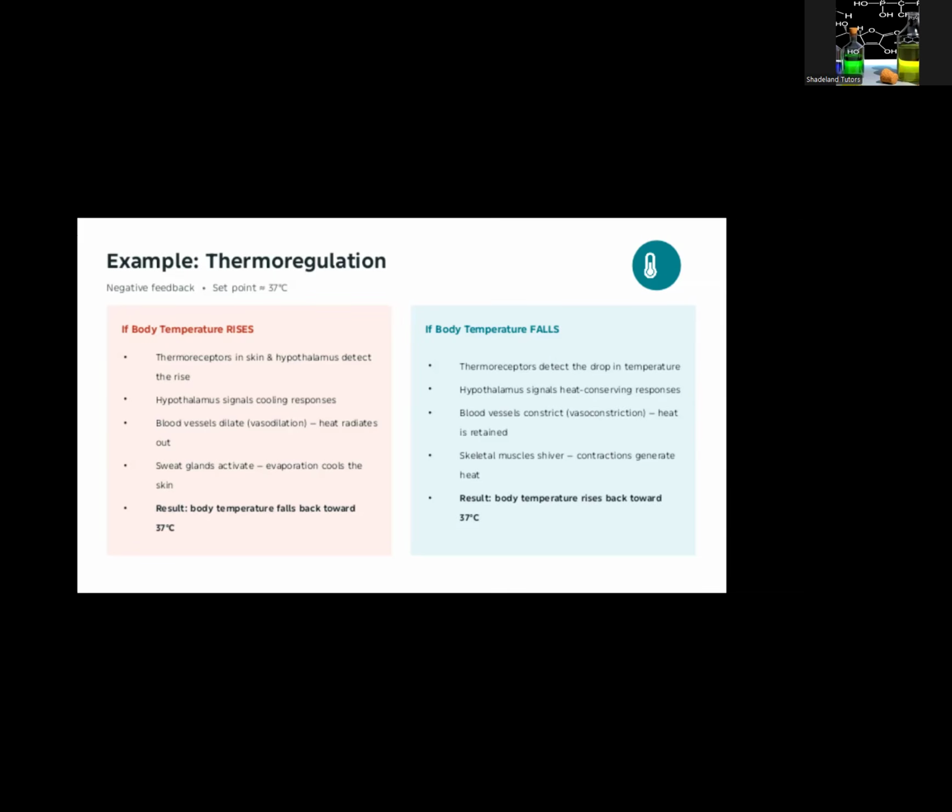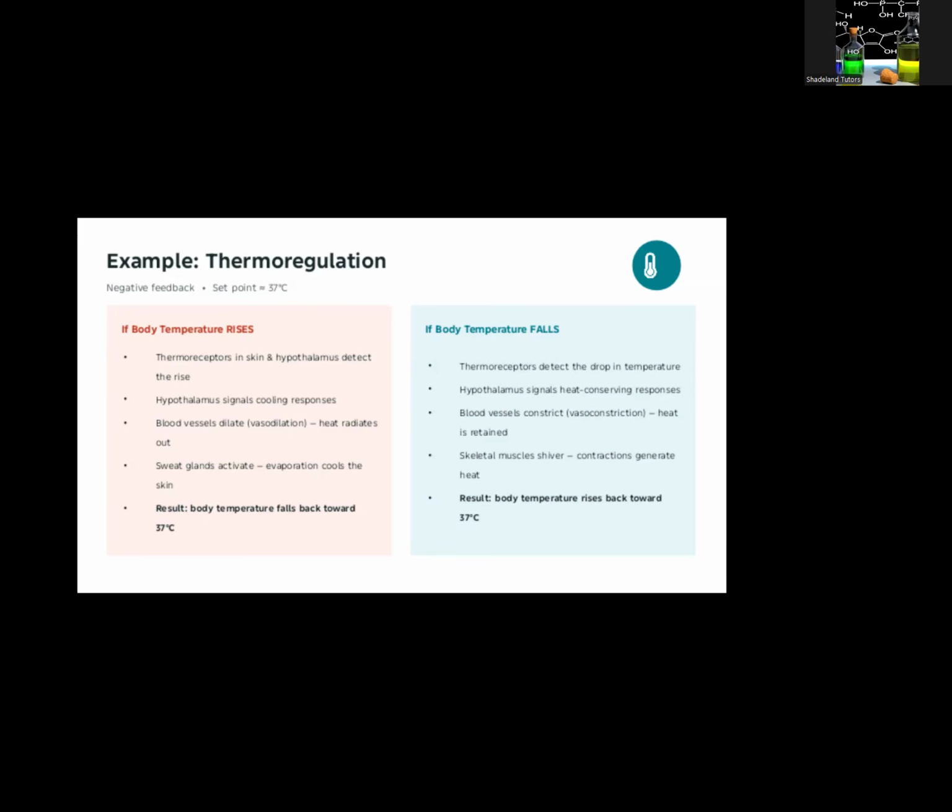The one for temperature picks up the stimulus and transmits the information to the hypothalamus. The hypothalamus then tells the skin what to do. If the body temperature rises above 37 degrees Celsius, the hypothalamus detects this rise and starts signaling the cooling responses, or what we call the heat loss center.